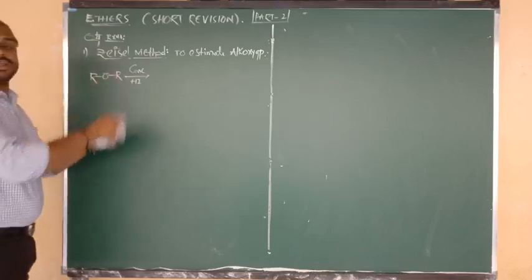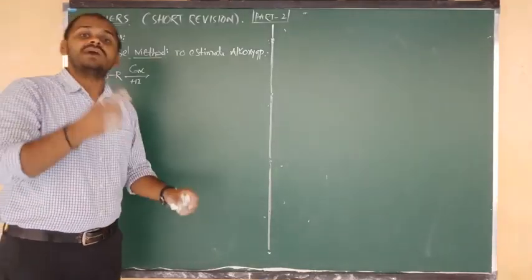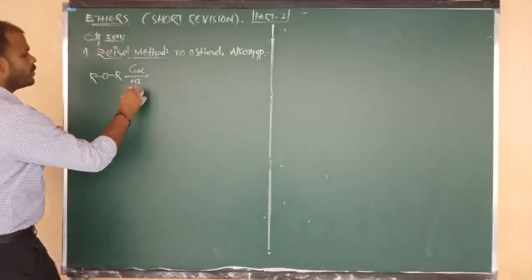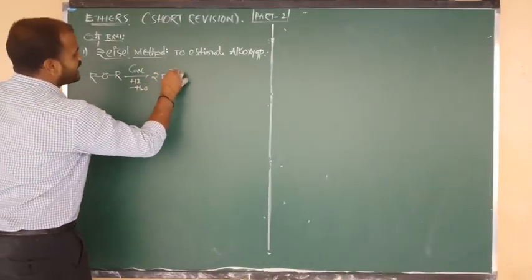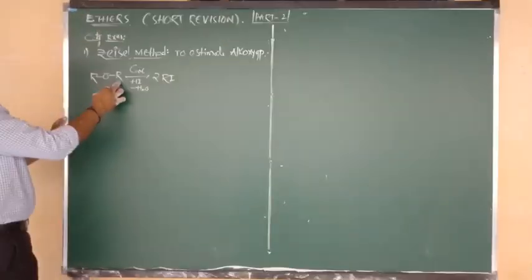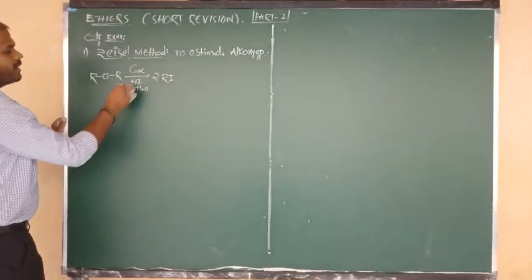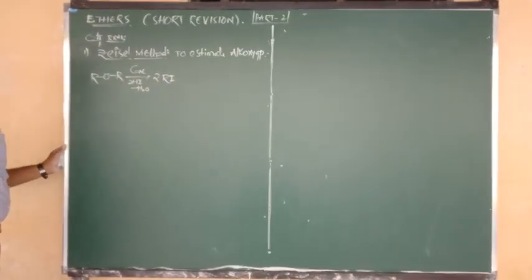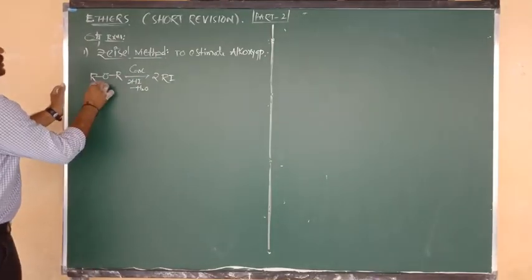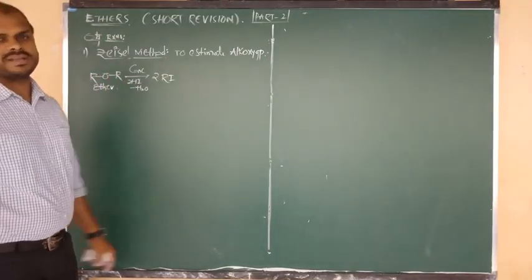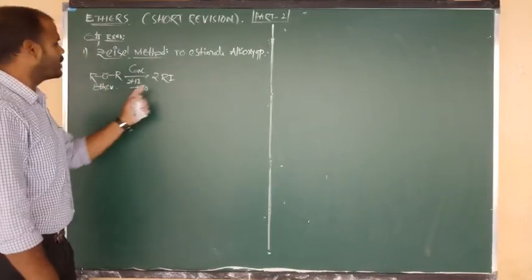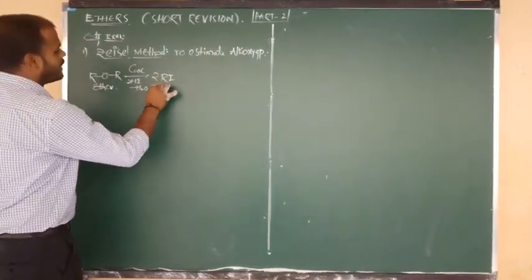So ethers on reaction with concentrated or excess HI, as I told you yesterday, after the loss of a water molecule, are going to give alkyl iodides. So 2 moles of R group, 2 moles of alkyl iodide. To balance here, we have to consider 2 moles of HI. So first of all, in the GCL method, ethers on reaction with excess or concentrated HI form the product alkyl iodide.